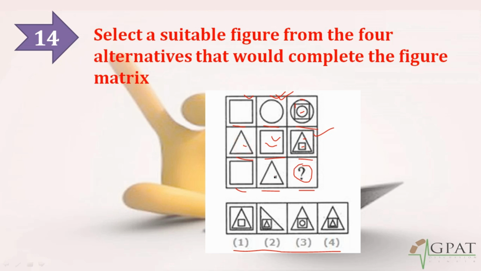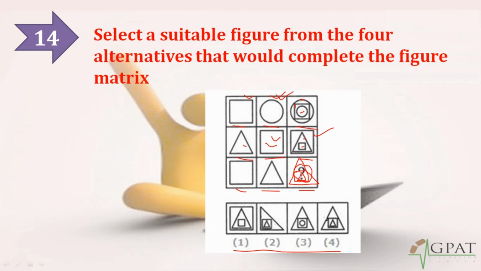So here you can fill firstly outermost, here will be a triangle, then middle will be the rectangular, and in between the rectangular, innermost will be the triangular. So does this diagram fit?